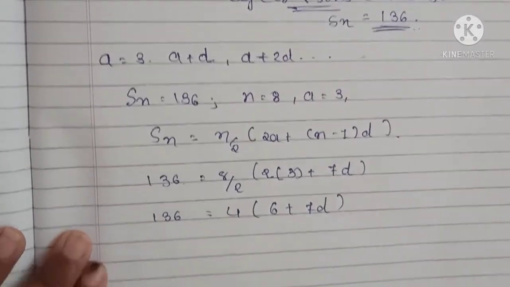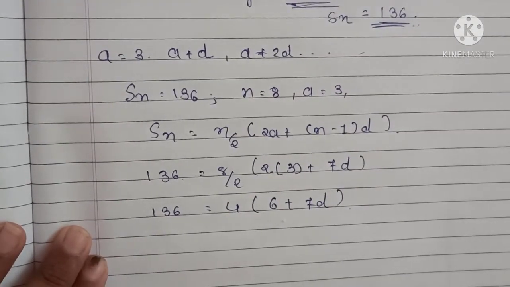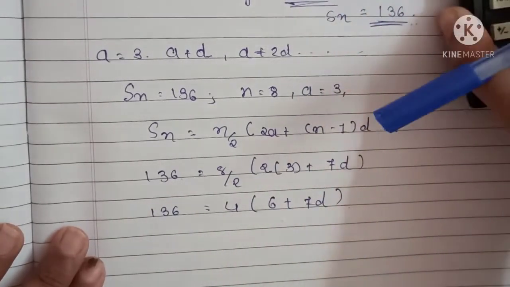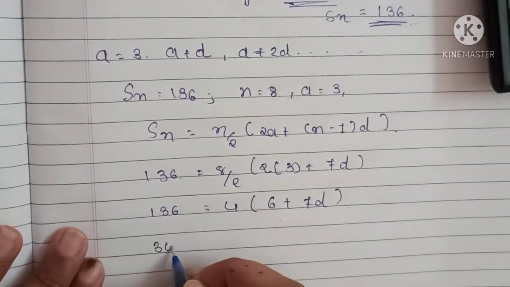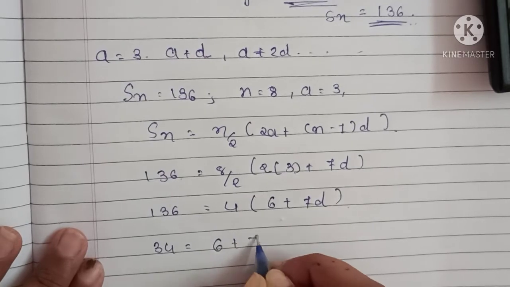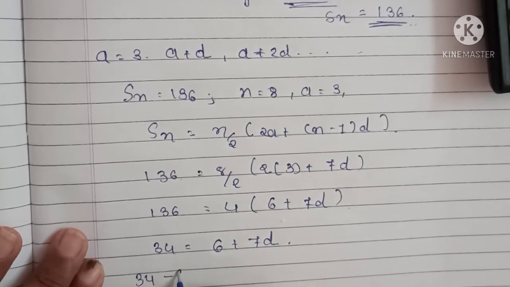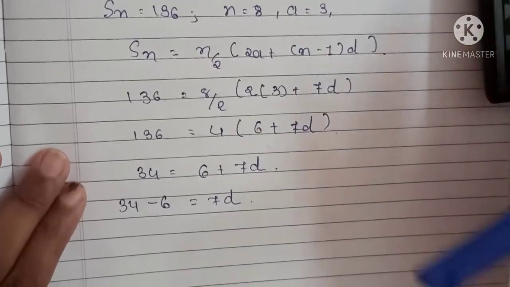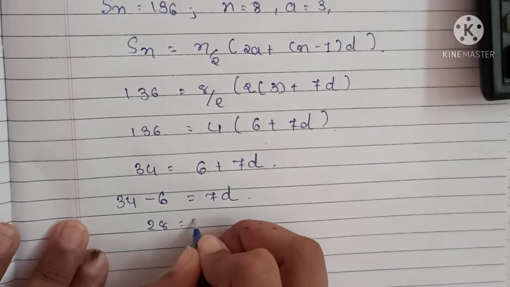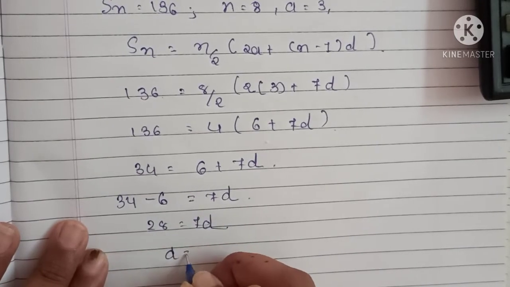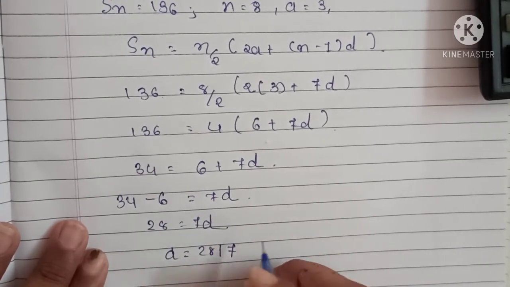The 4 will come to the other side as divide. That is 136 divided by 4, that is 34, is equal to 6 plus 7d. 34 minus 6 is equal to 7d. So 28 is equal to 7d. So d is equal to 28 by 7, that is 4.